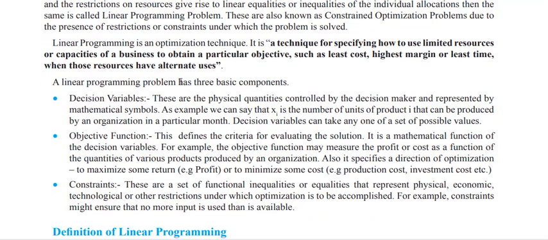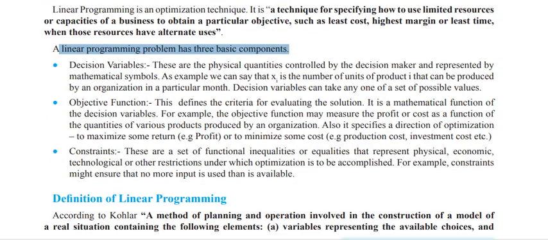So in linear programming, the basic components are the decision variables, objective function, and constraints. Don't bother about what exactly the definitions are. When we formulate and solve linear programming problems, we will naturally learn the definitions, and we can easily write the definition, if it comes in our paper, in our own language based on our conceptual clarity.